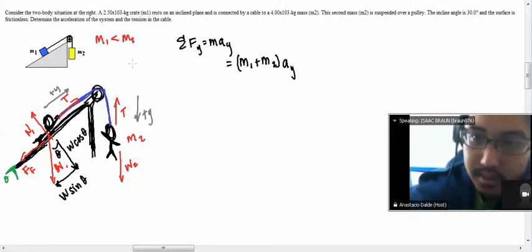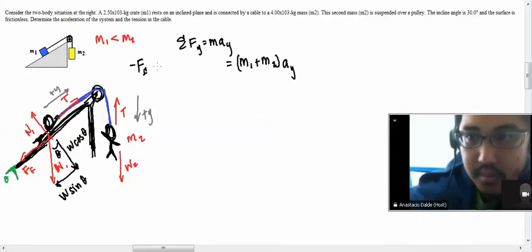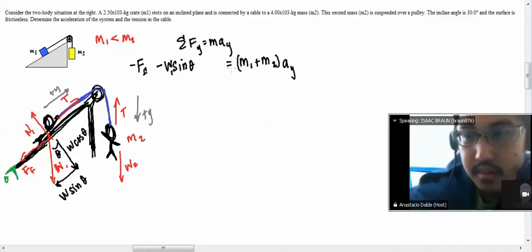Alright, so it's negative friction, minus W1 sine theta. What else is here? Plus W2. That's it.